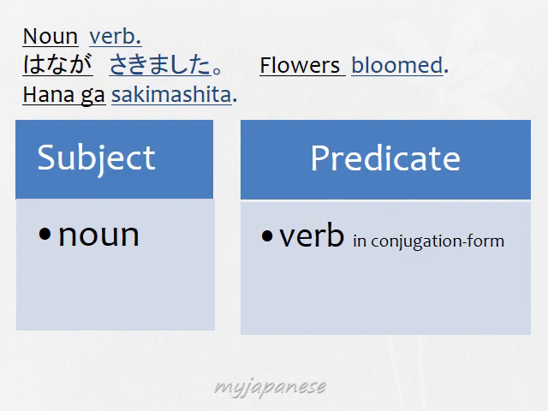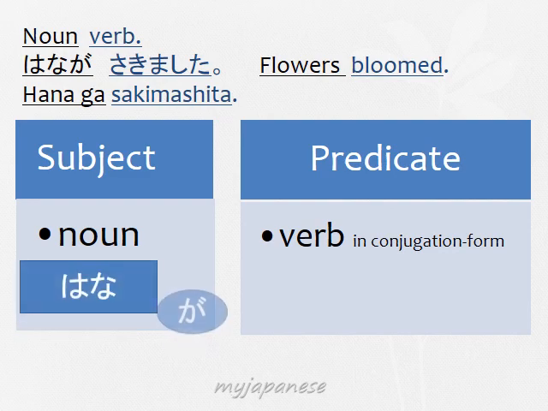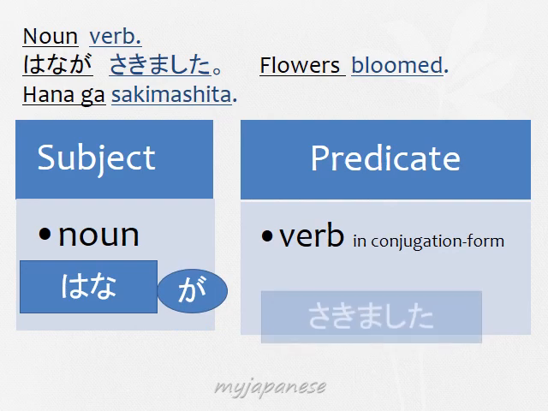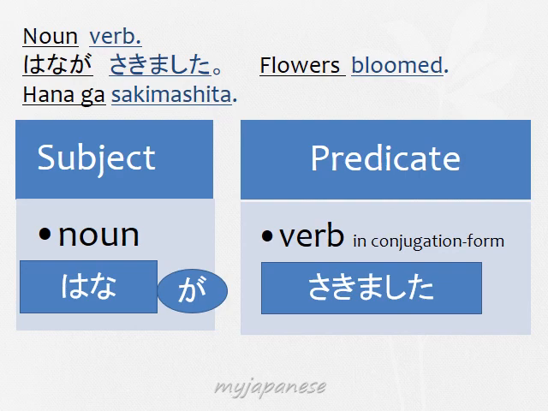Example. 花が咲きました。Flowers bloomed. 花 flowers, noun plus particle が, subject, and 咲きました, verb conjugation must be past form. This indicates this sentence is past, affirmative, and polite style. Okay, these are very basic structure of Japanese sentence.